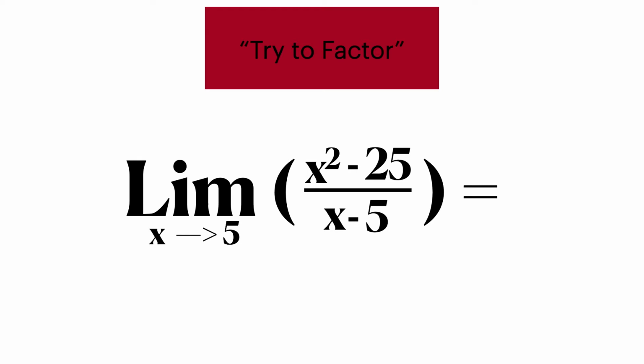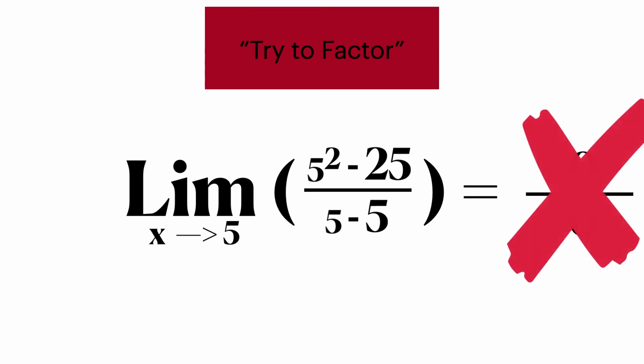We're just going to take the 5 and stick it right there. Let's see what happens. Actually, we've already seen what happens: we get the dreaded 0 over 0. Whenever you try plug and chug, if you get this answer or any other undefined answer, it just doesn't work. So that idea is out.